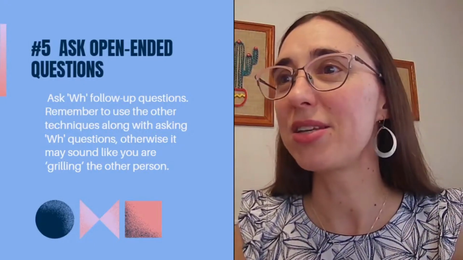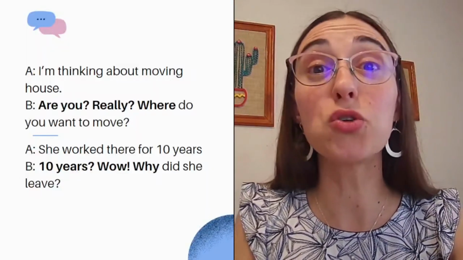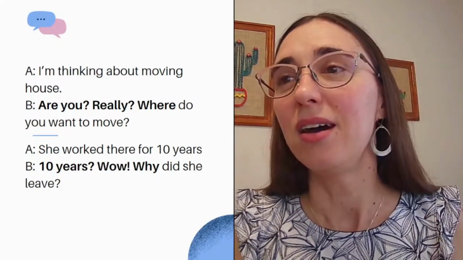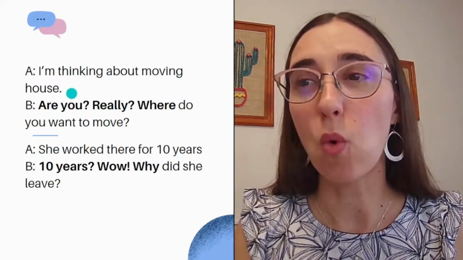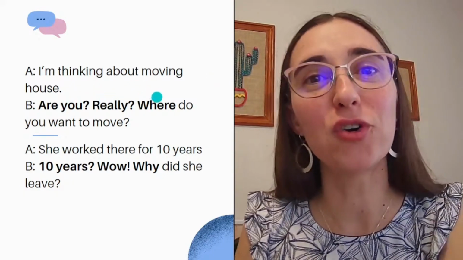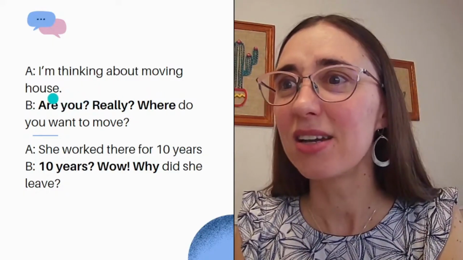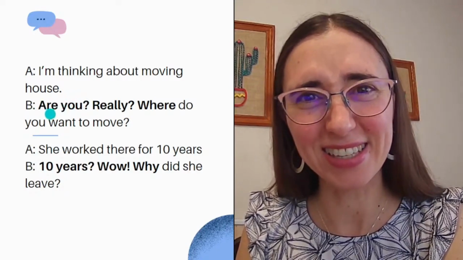So let's see a couple of examples to put this into practice and to see how to combine it with the other techniques that we have mentioned. Okay, look at this. I'm thinking about moving house. I have one reaction, two, and then I've got a follow-up question, a WH question. Here it says, are you? Do you remember what technique this is?